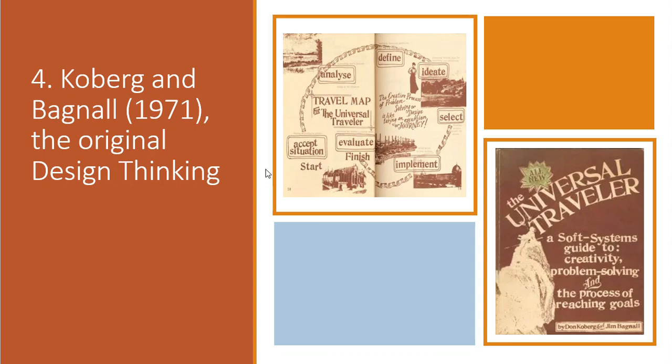Okay, so that is the ideate phase. And then select which one is the best. Okay, let's say you choose to take Grab car, for example. You select one from the list of your ideas in the ideate phase.